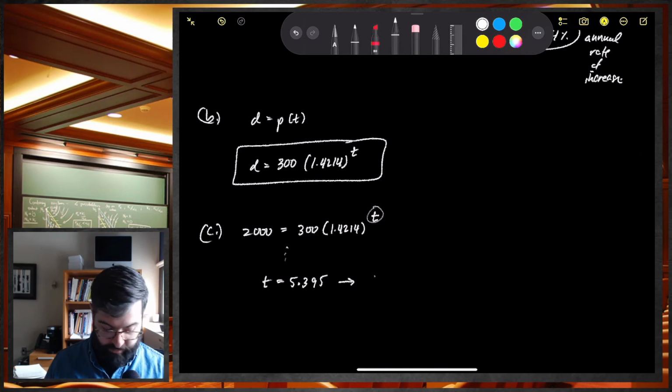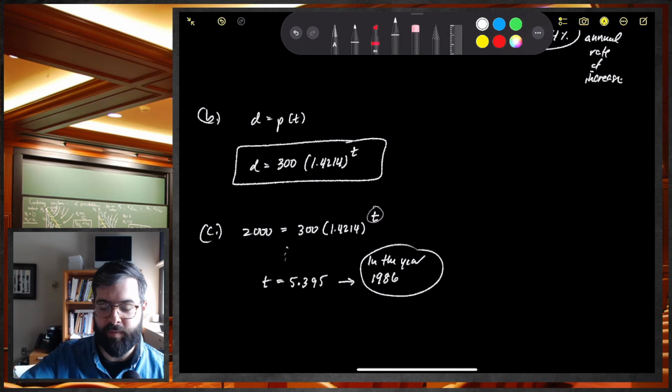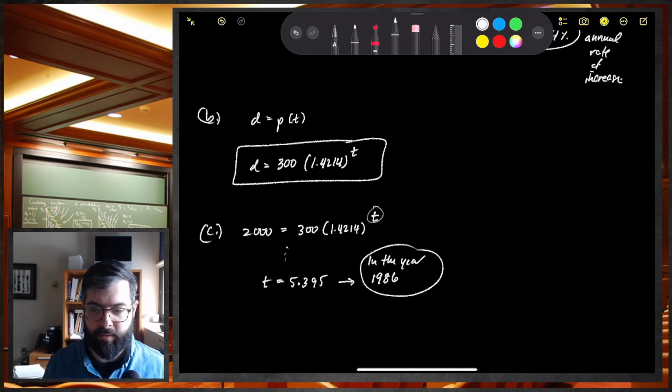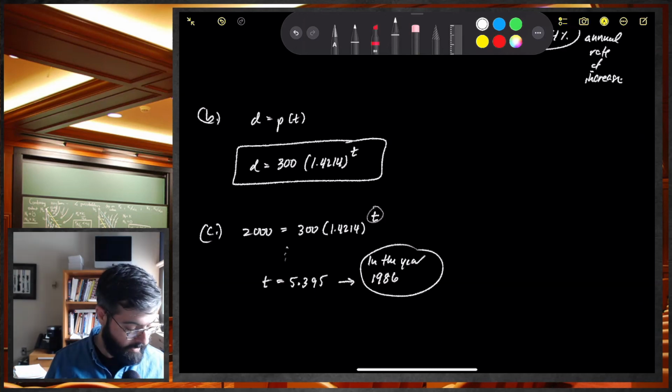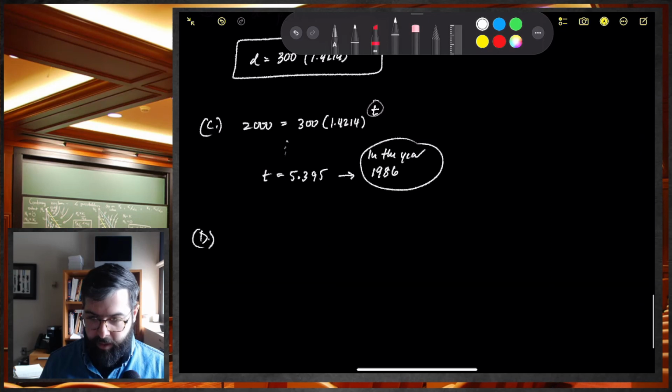So this is in the year 1986, because it happened after that 5 year mark. So 5.4 plus 1981 puts you at 1986 and some change.